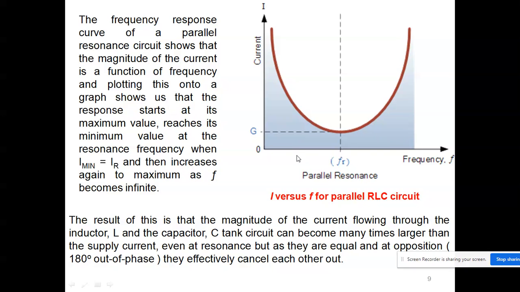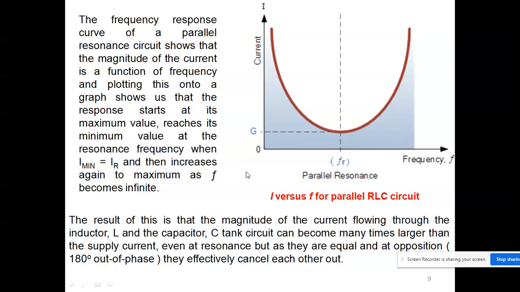So when we increase the frequency from 0 to the resonance frequency, our current decreases and becomes minimum at the resonance frequency. Then after the resonance frequency, when we increase our frequency, our current also increases, and it becomes infinity when the frequency becomes infinity.